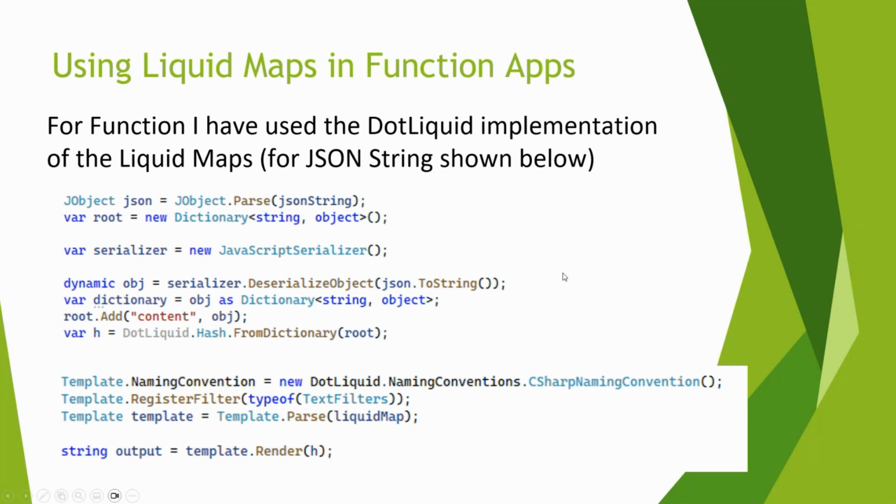Using liquid maps in our function app. Now, why would I want to use a liquid map in a function app? Because I can bring in both classes, I can map between the classes, and I can send out the data that way. What happens when the mappings change frequently?